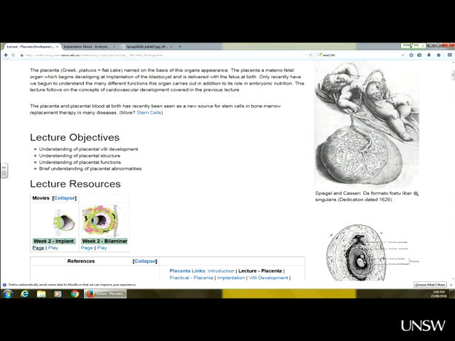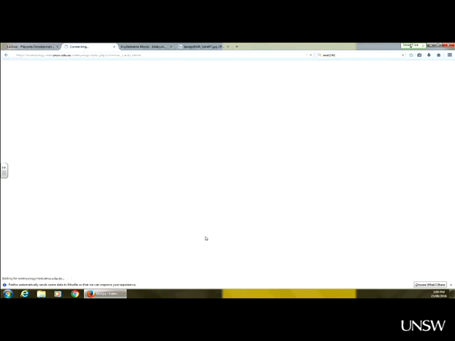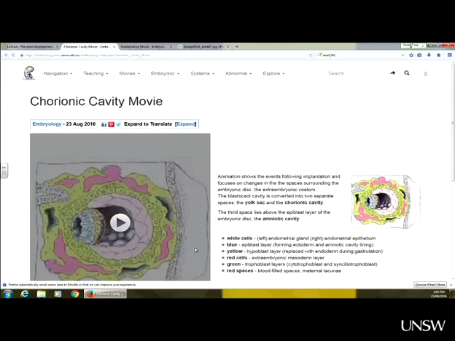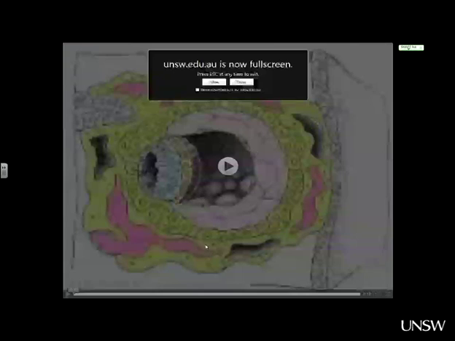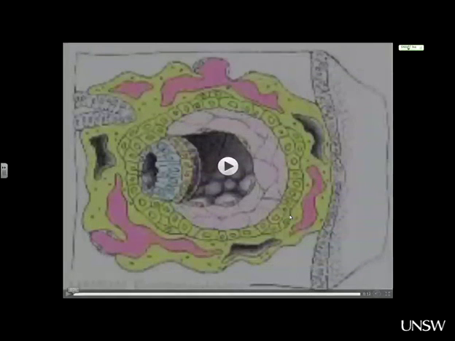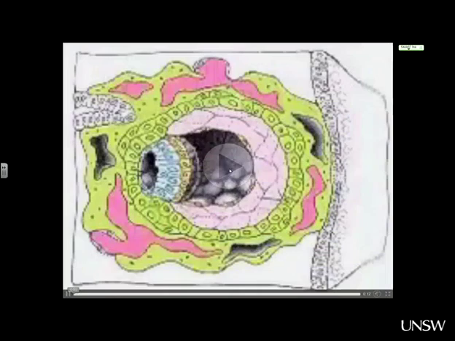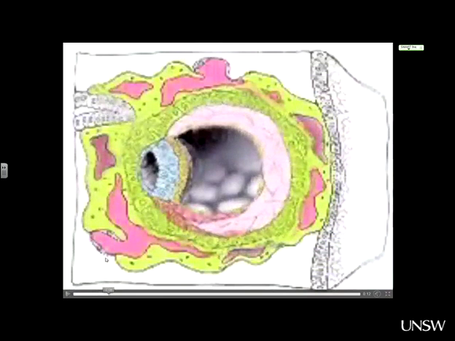The second movie here actually takes us through the late stages from the second week onwards, and at this point the embryoblast or conceptus is fully implanted within the uterine wall, and we're seeing now the maternal blood-filled spaces here, shown in red, lying within the syncytial trophoblast layer.